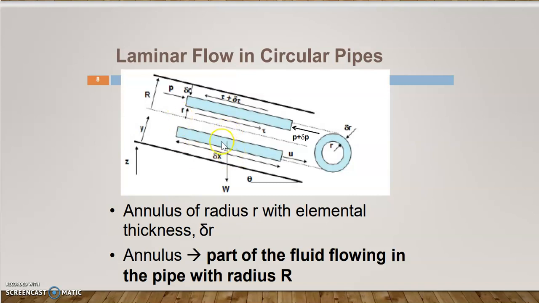We also have the weight and the elevation of the pipe from the datum, and also the tilting angle of the pipe. The flow moves from point A, upstream, to point B, downstream. So the arrow is pointing downstream, downward.